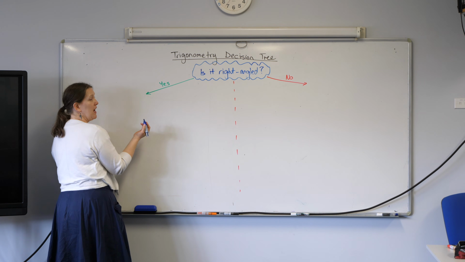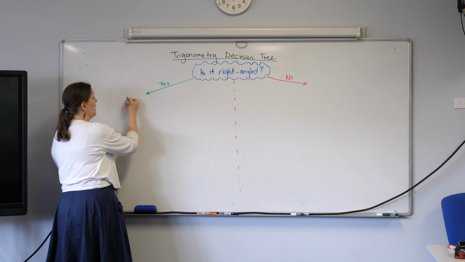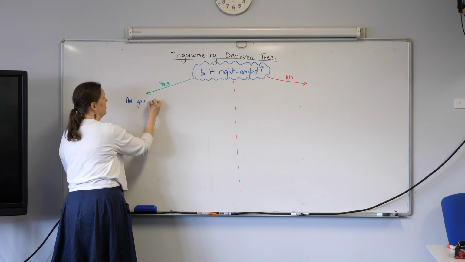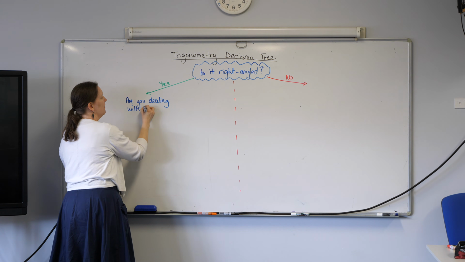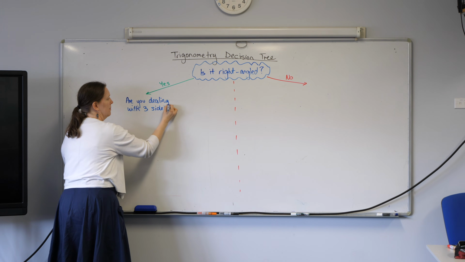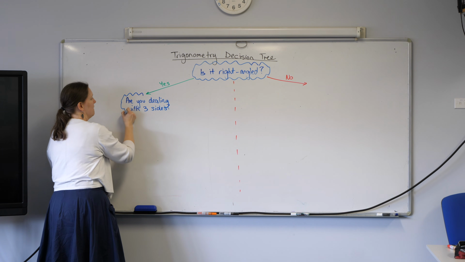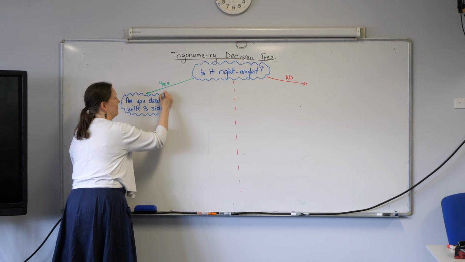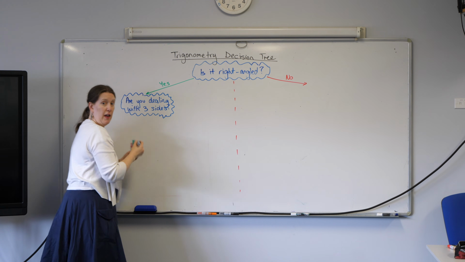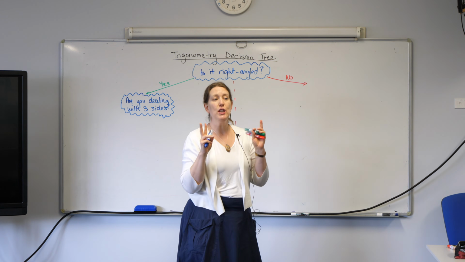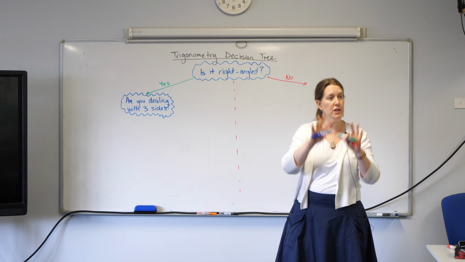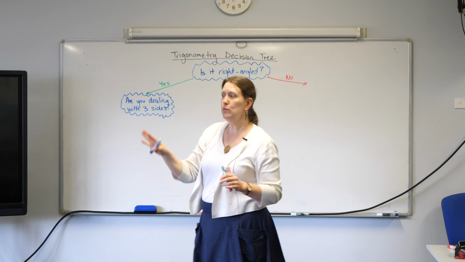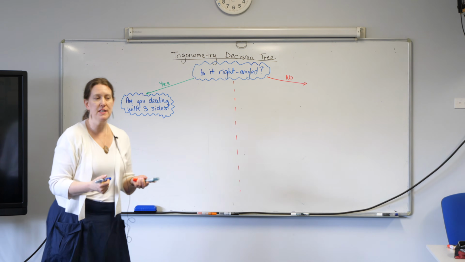So the next question we ask ourselves is, are you dealing with three sides? When I say are you dealing with, one of these will be unknown. I don't know which one it is, but one of them will be unknown. So are you dealing with three sides?